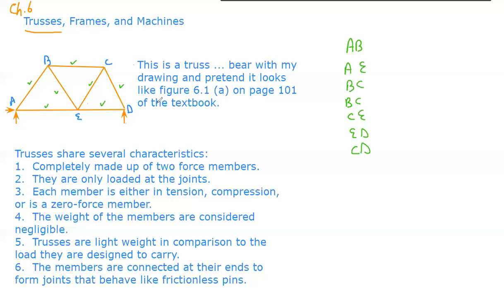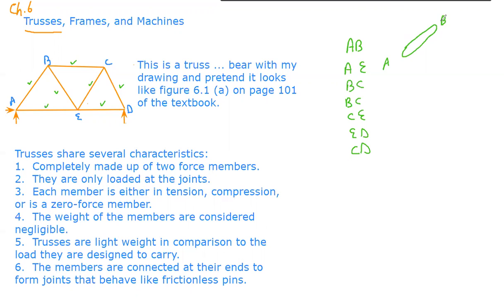Each of these members is a 2 force member. So I'm going to draw, for example, AB. That is hideous. You guys deserve better than that. So member AB is a 2 force member.